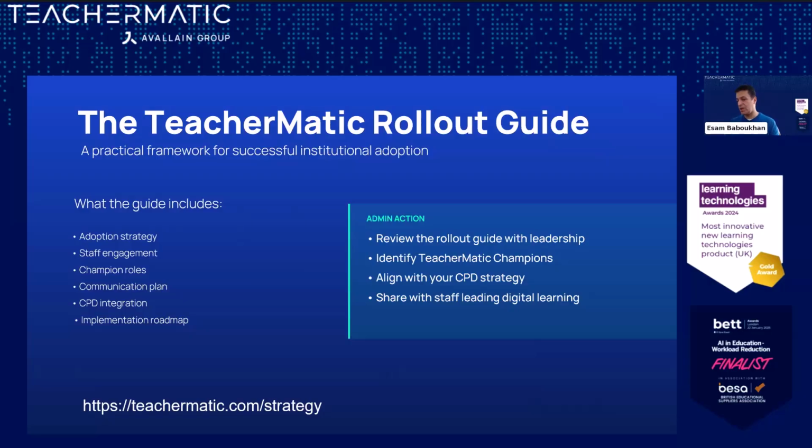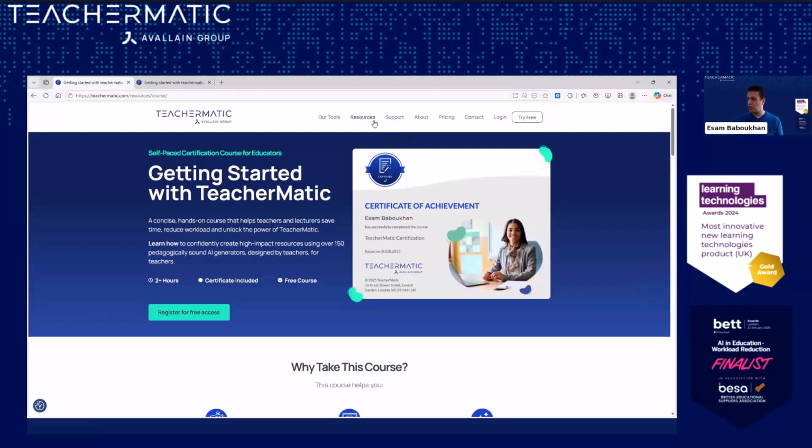So many colleges use this guide to help structure their AI adoption strategy, particularly when introducing the platform across large staff teams. And you can access the rollout guide exactly from the same place that I showed you how to access the course.